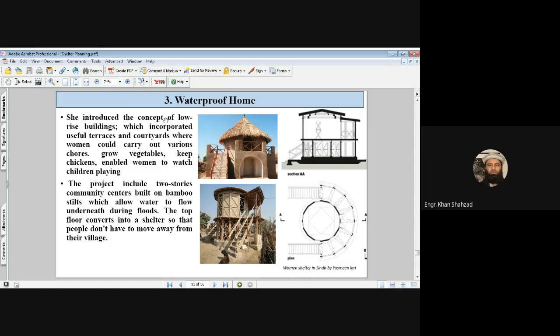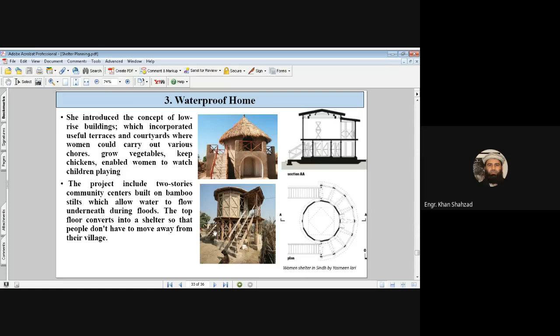She introduced the concept of low-rise building, which incorporated useful terraces and courtyards where women could carry out various chores or works, grow vegetables, keep chickens, and watch children playing outside the houses. The project includes 2-story community centers built on bamboo stilts, which allow water to flow underneath.